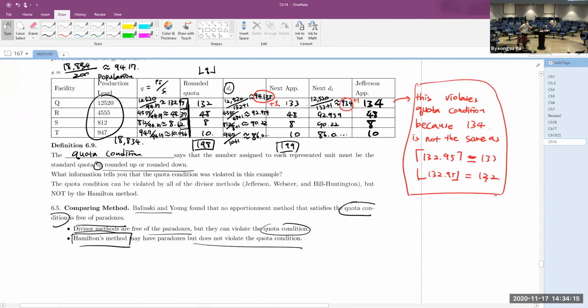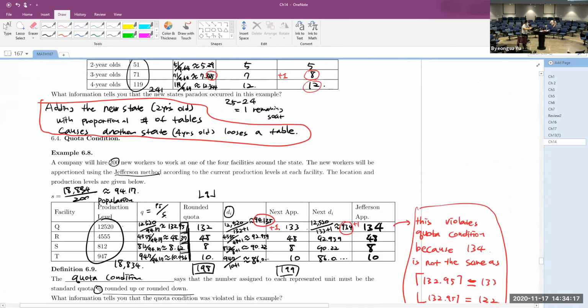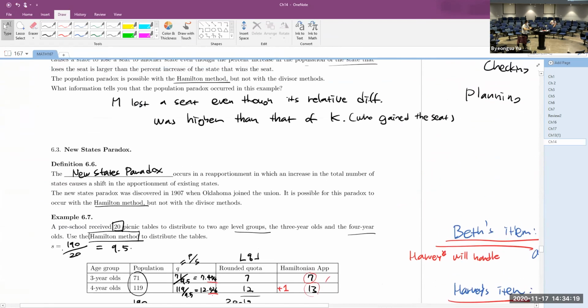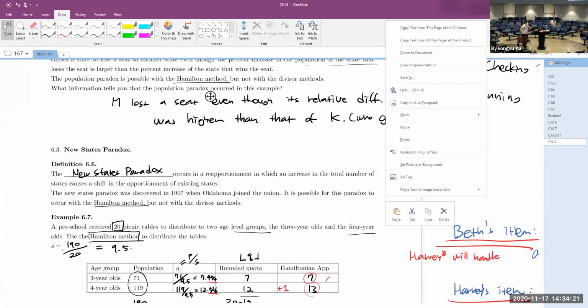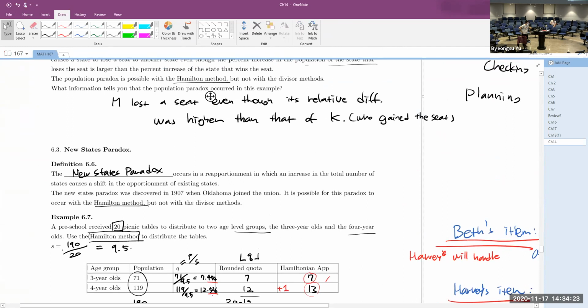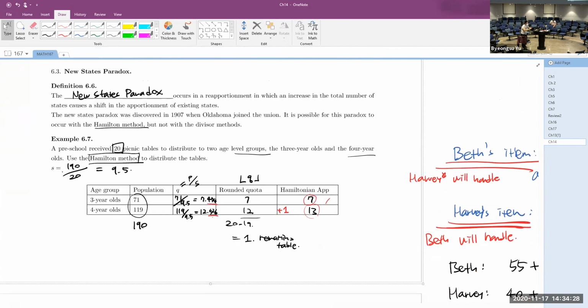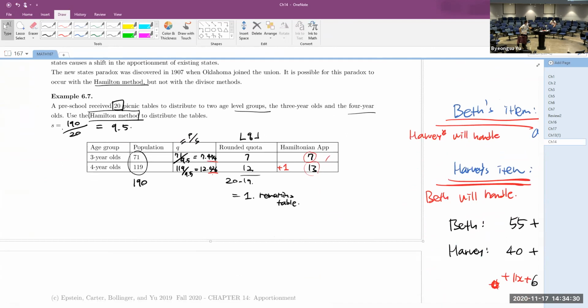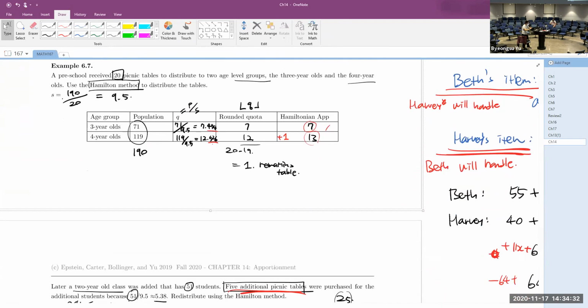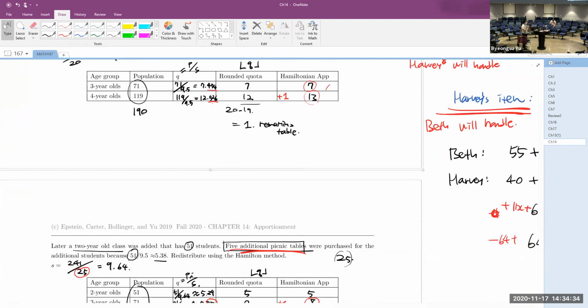Think about the Oklahoma case. When Oklahoma joined the United States, if you are a state like the 4-year-old one in the previous example, whose seats will be decreased because of Oklahoma, then definitely you don't like this Hamiltonian rule, right?